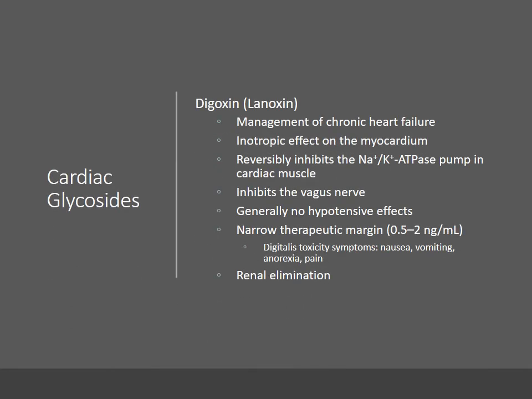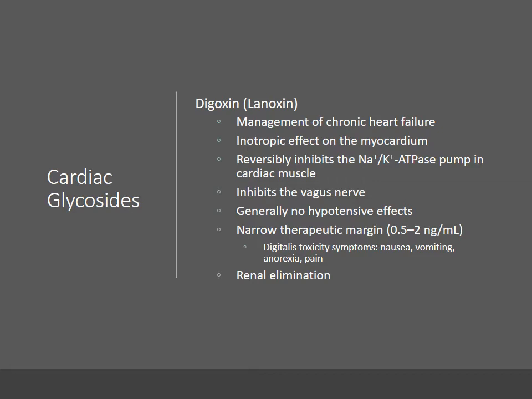Digoxin. Digoxin is used to manage chronic heart failure. It has an inotropic effect on the myocardium, or a strengthening of the contraction. It reversibly inhibits the sodium-potassium ATPase pump in cardiac muscle and inhibits the vagus nerve.